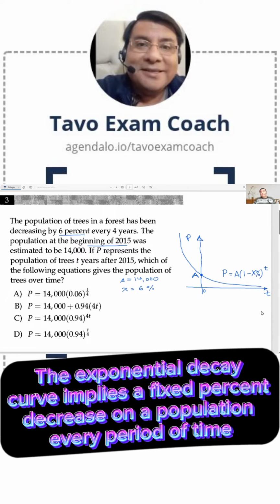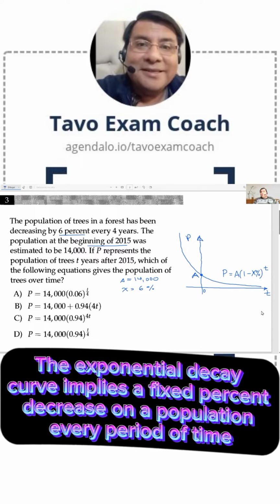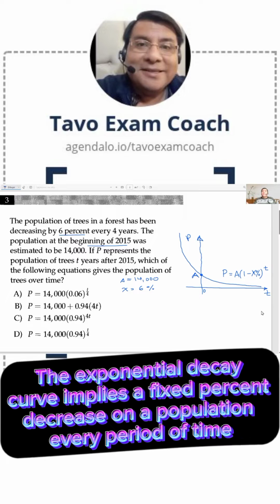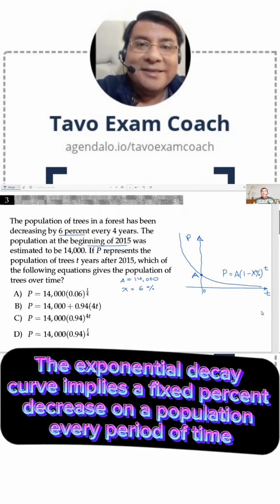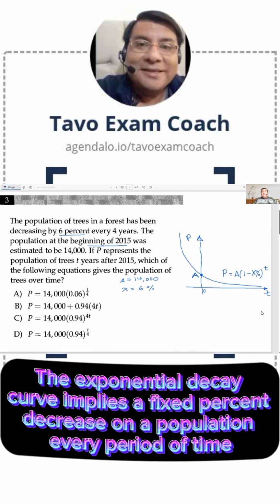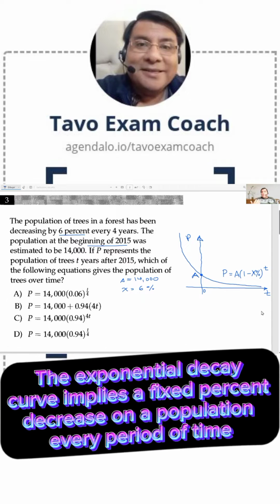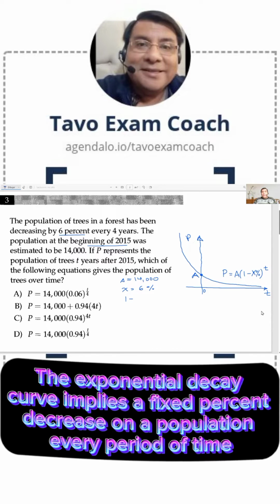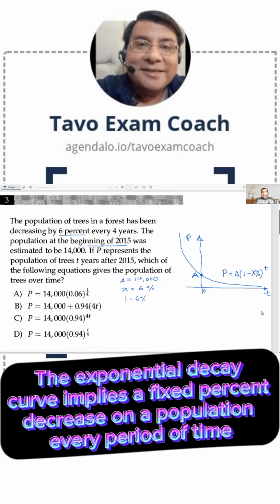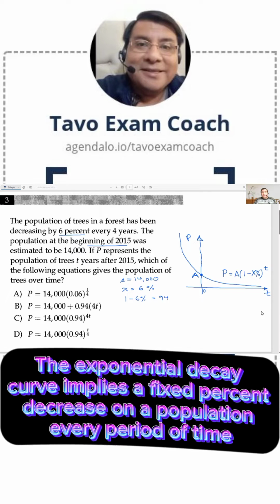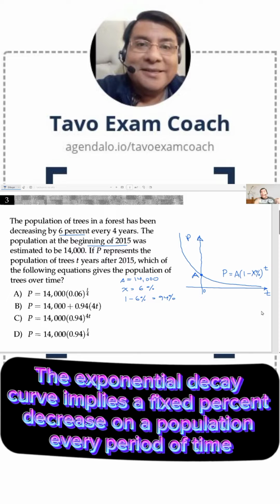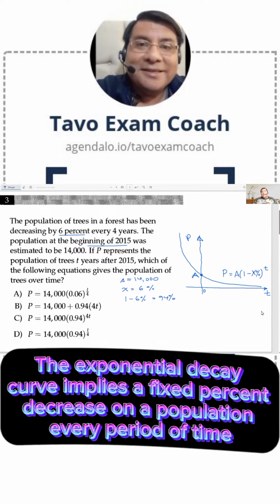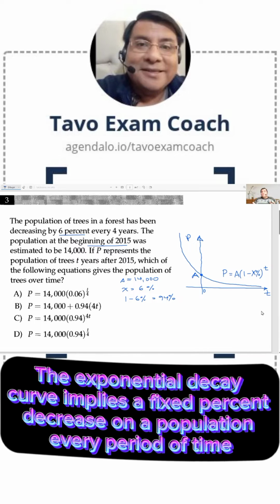Notice that according to the number of years, we need to consider that the decrease by 6%, that is multiplying the original size of the population by the factor 1 minus 6%, which equals 94%, should be done every 4 years.